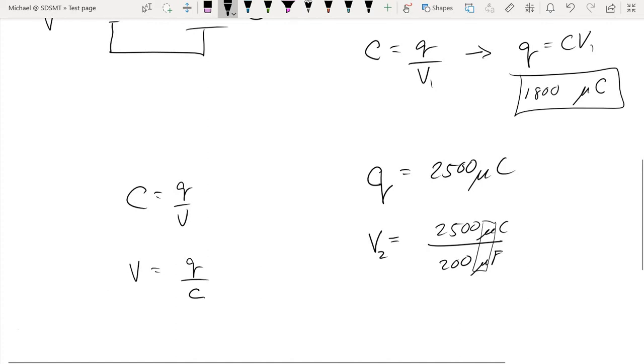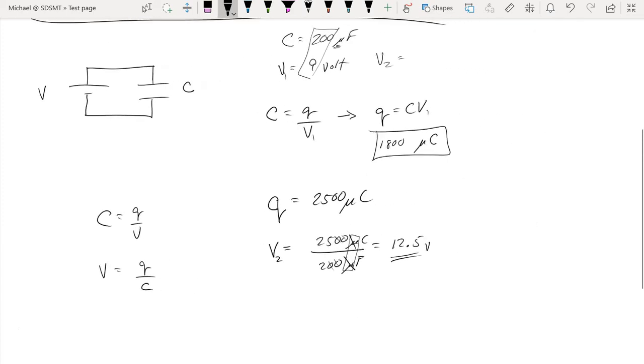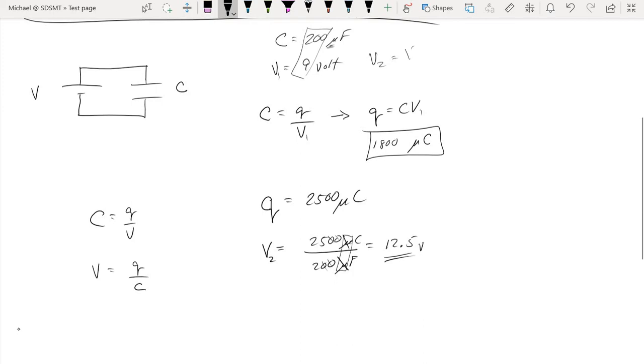Each of those units will have a 10 to the minus 6 attached to it, but we're dividing those out. So we now have 2500 divided by 200, which is 25 over 2, or 12.5 volts. That was the value of the second battery that we hooked everything up to.